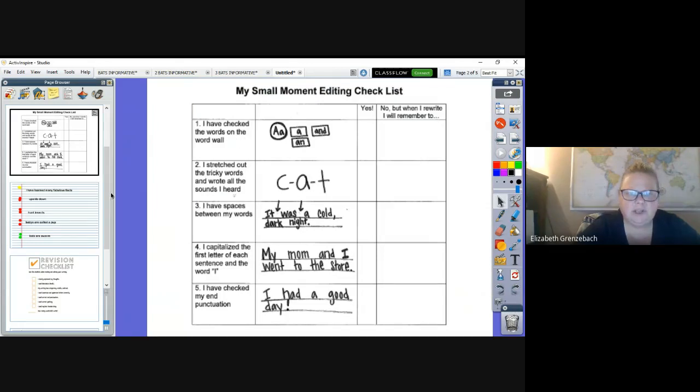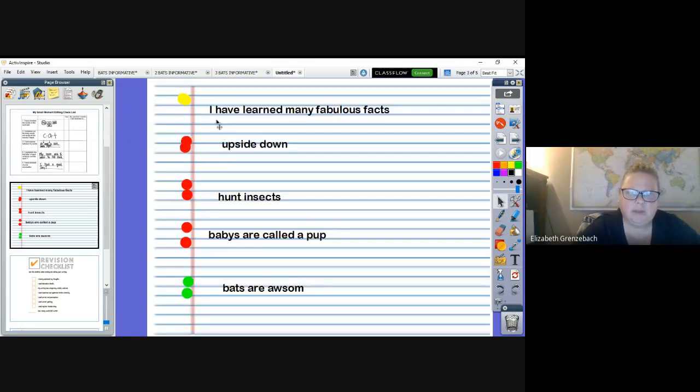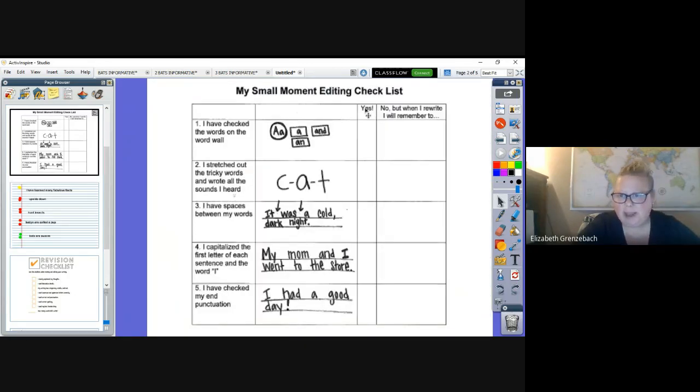First thing, I have checked the words on the word wall. I have checked my words on the word wall because have was on there, are was on there, a was on there, many was on there. So because I've checked mine, I did do that. So I can make a check mark here, and you can too when you've done it.